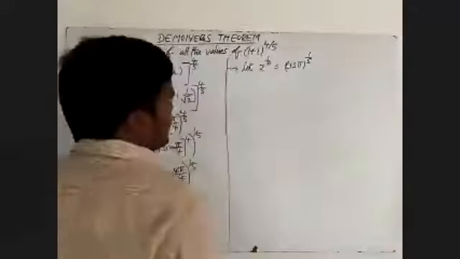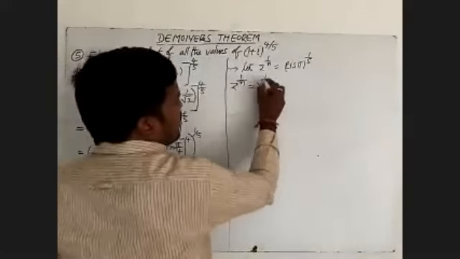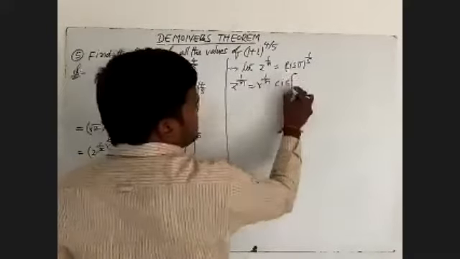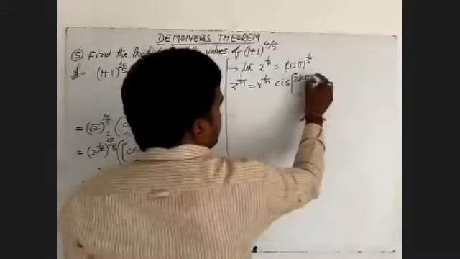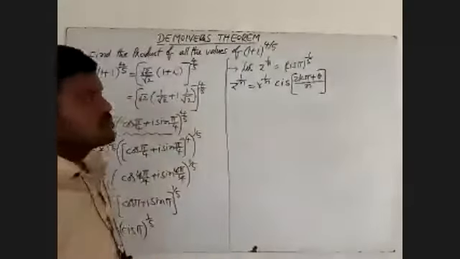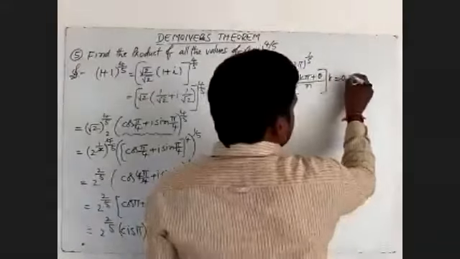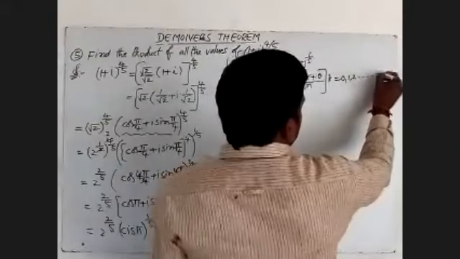We know that formula: z power 1 by n is equal to r power 1 by n into cis of (2k pi plus theta) by n, where k is 0, 1, 2 and so on up to n minus 1.